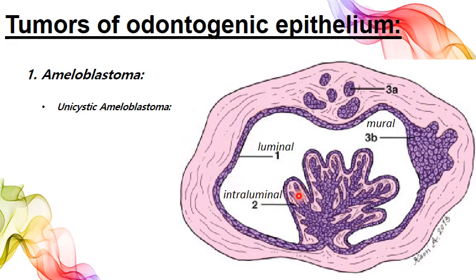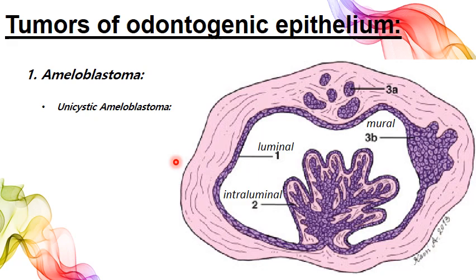The ameloblastic tissue occurs inside the cyst, so I have no fear of leaving any ameloblastic tissue. The recurrence is about 10 to 20% following enucleation and curettage, which is considered a low percentage compared to when we do enucleation and curettage for the multicystic ameloblastoma.